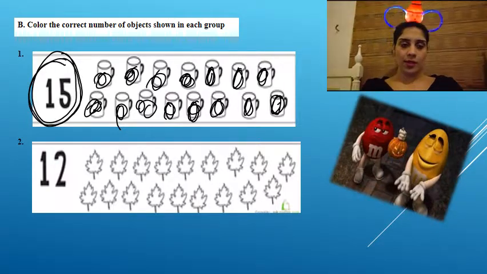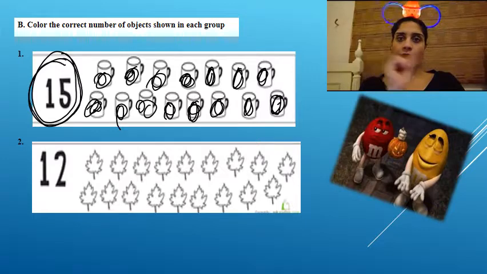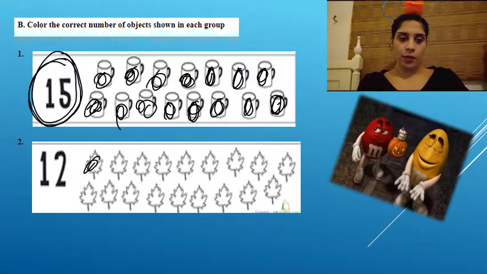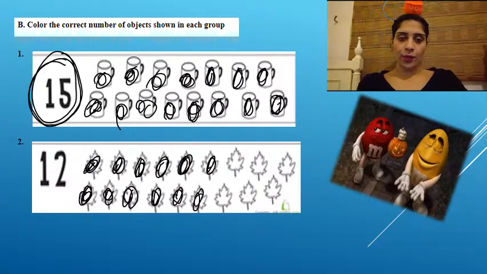Let's move to the second one. There are 12. Are they all? We don't know. We have to count each leaf and color it. This is 1, 2, 3, 4, 5, 6, 7, 8, 9, 10, 11, 12.